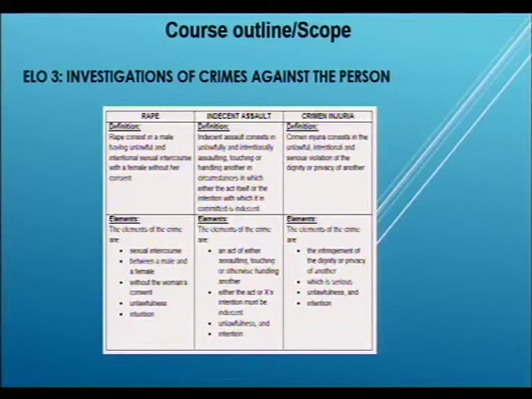Indecent assault. Definition of indecent assault. Indecent assault consists in unlawfully and intentionally assaulting, touching or handling another in circumstances in which either the act itself or the intention with which it is committed is indecent.